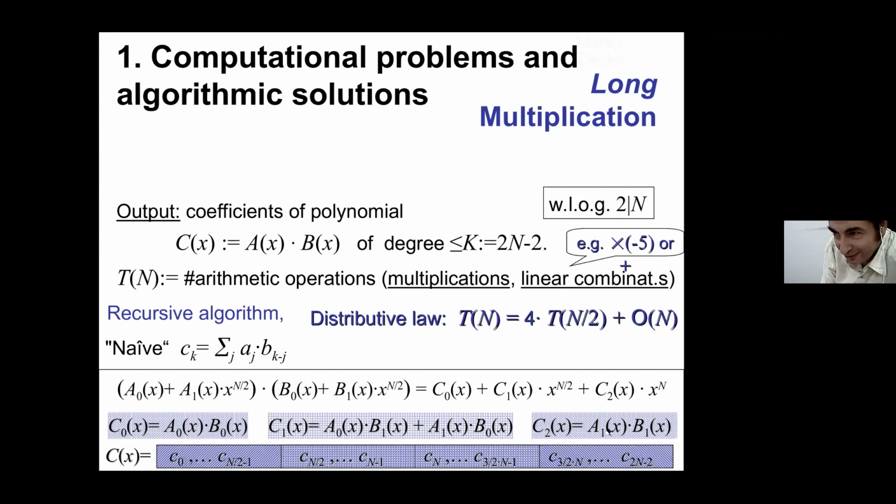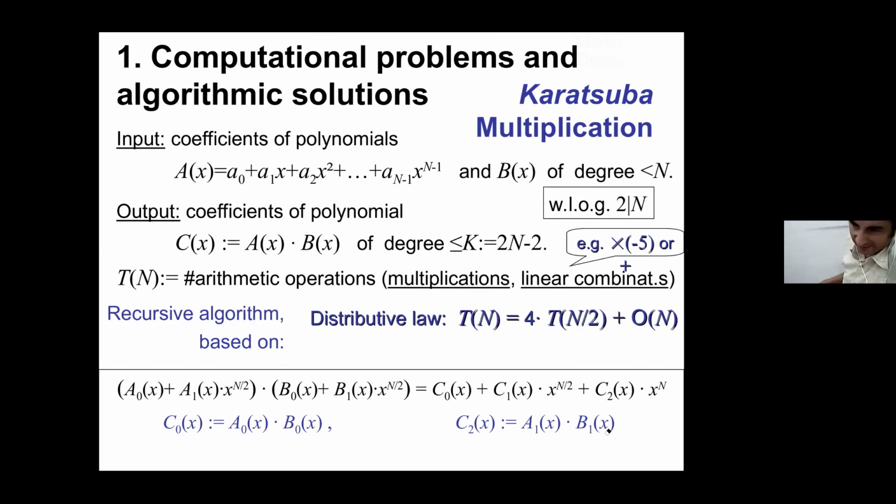But there was this Karatsuba variation of that calculation, which allows you to build these numbers C0, C1, C2 from A0 and A1 and B0 and B1 using only 3 multiplications. So you reduce the number of multiplications.